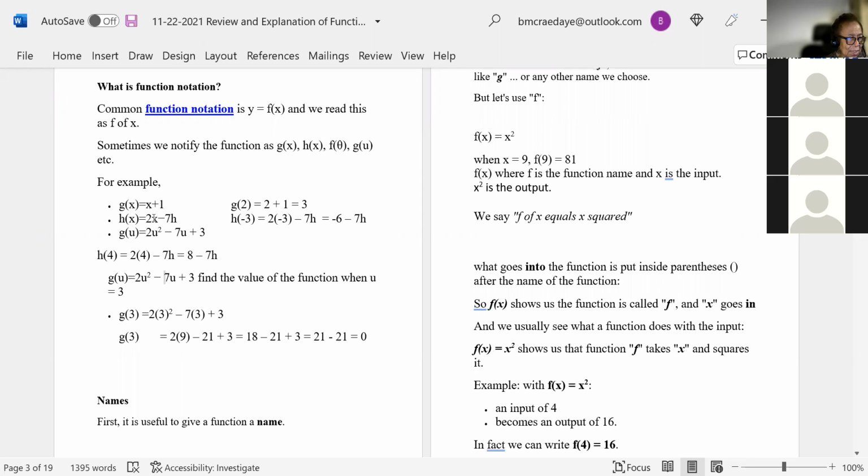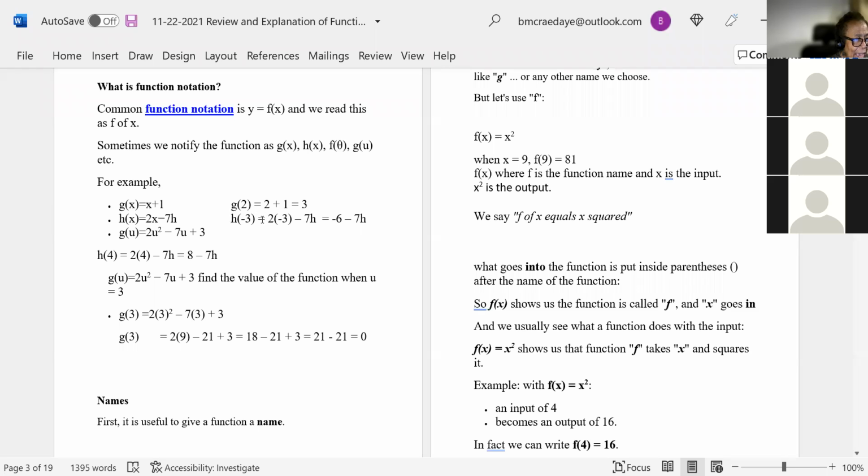That x will be substituted by -3. I don't know how to explain it. h of x equals, where x is -3. So wherever you see an x, Latoya, you want to put a -3.